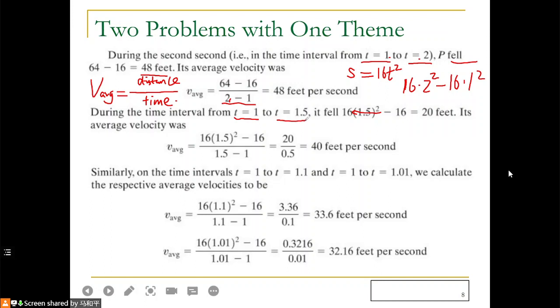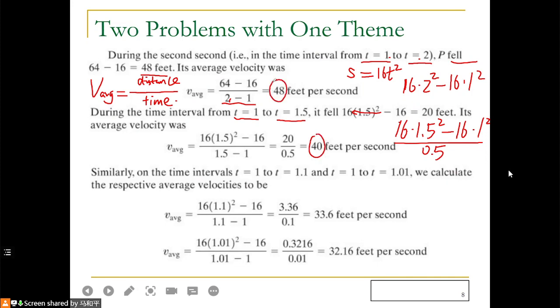It is 16 times 1.5 squared minus 16 times 1 squared, over 0.5 seconds, right? So we calculate the average speed is 40, and the first one is 48.